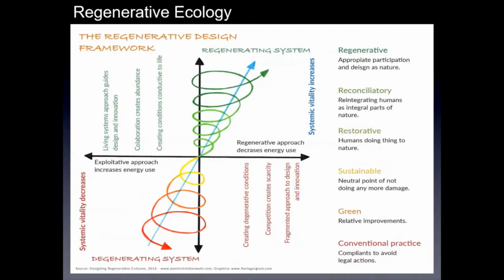Next slide. This is just an example of what it is, and it's really a state of mind. I always try to explain it when you're designing anything from a planning system to a food security system. A good way of thinking about it is that in a regenerating system, you are counterbalancing an exploitive approach. So basically, what you're always trying to do is decrease energy use.